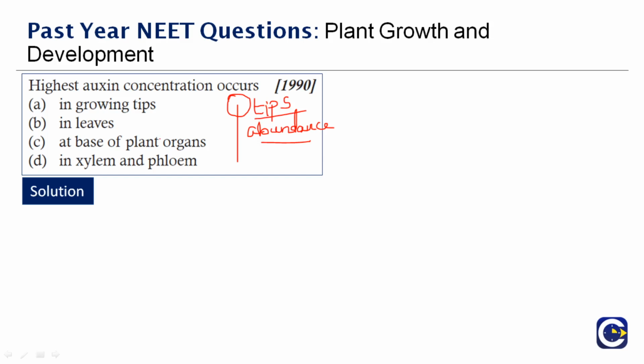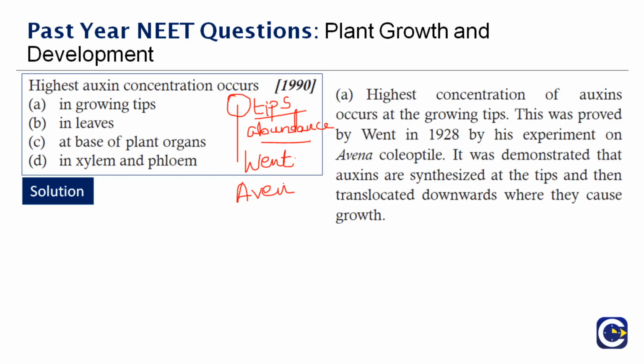Highest concentration of the auxin occurs at growing tips. That was proved by F. W. Went in the year 1928 by his experiment with a plant coleoptile. Right, so that's what they've given here with the example of coleoptile where Went carried out this experiment. It was demonstrated that auxins are synthesized in the tips and then translocated downwards where they cause growth.